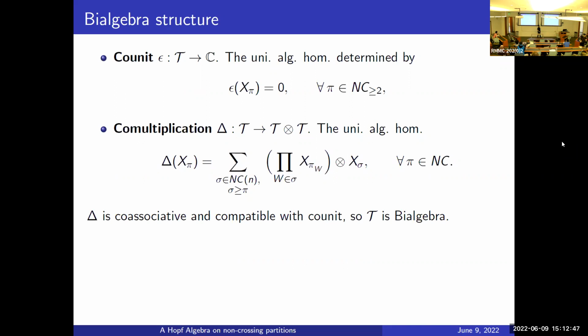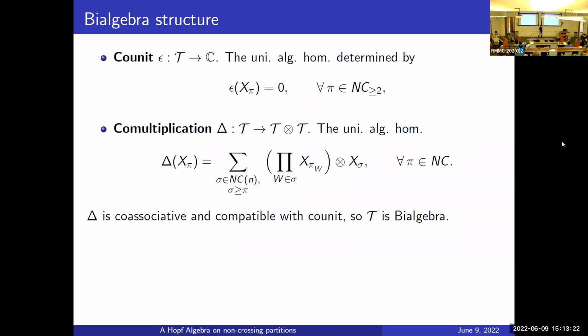Now, in order to be a bialgebra or a coalgebra, the co-multiplication has to be co-associative, which is simply the dual of the associative property of multiplication. Basically, if you apply the co-multiplication to t on the left or on the right, it's going to be the same. It's not so hard to check that this happens, and I can give a precise formula of the three things on the tensors.